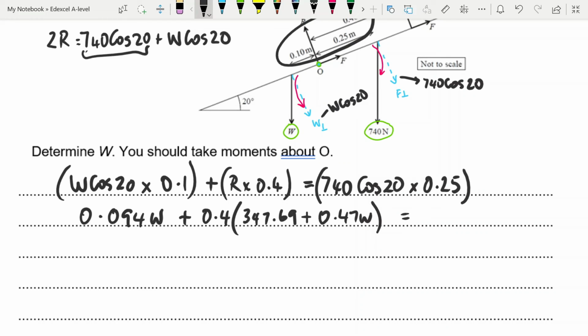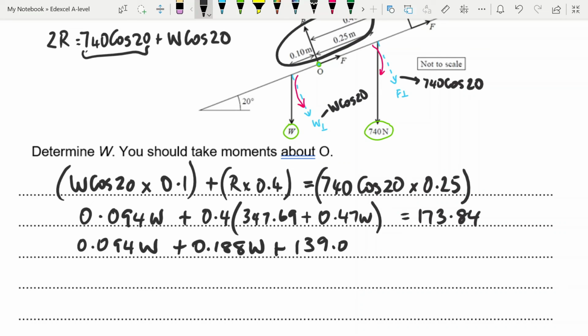Is equal to, cleaning all of this up, multiplying all of that out, 173.84. We've still got cleaning up to do. We want to sort out what this is. So we've got 0.094W plus 0.188W plus, when you multiply the 0.4 by this, you get 139.076, which will be equal to 173.84.